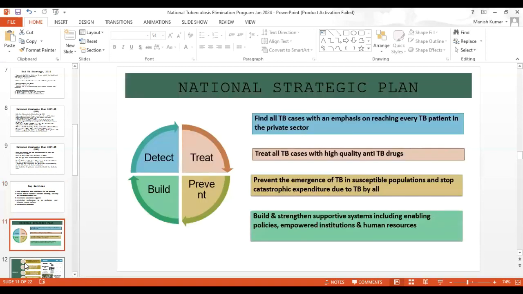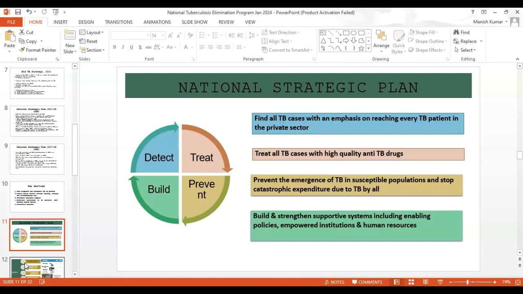There are basically four aspects under this national strategic plan: detect, treat, build, and prevent. First is to find all TB cases with an emphasis on reaching every TB patient, even in the private sector. Treat all TB cases with high-quality anti-TB drugs, which are provided free of cost by the government.